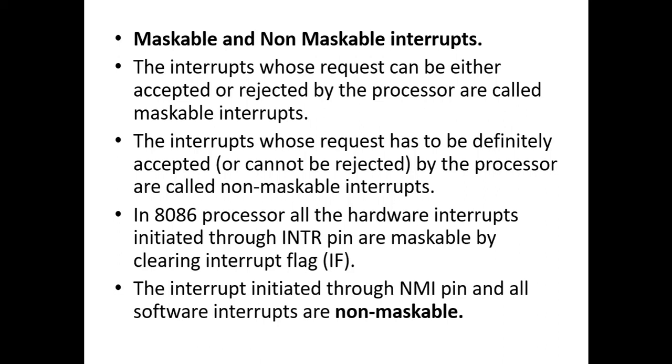In the 8086 microprocessor, if the interrupt flag is clear and an interrupt request occurs on the interrupt request input, it is ignored. All the hardware interrupts initiated through the INTR pin are maskable by clearing the interrupt flag.